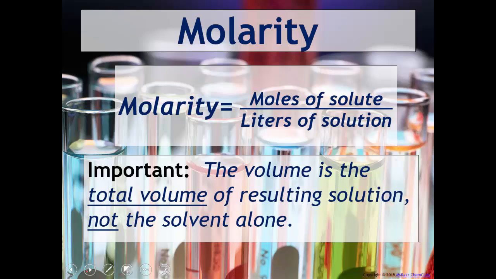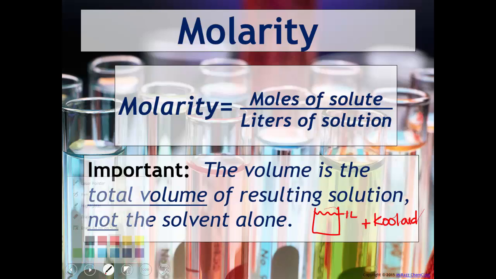So it's important to know that when we talk about the volume of a solution, it's the total volume. So that includes the stuff we put in and the liquid. I know that's kind of confusing, but think about if you took a pitcher and it had water in it that was exactly 1 liter, and then you added all of your Kool-Aid. So you added the little package, but then you also added sugar.